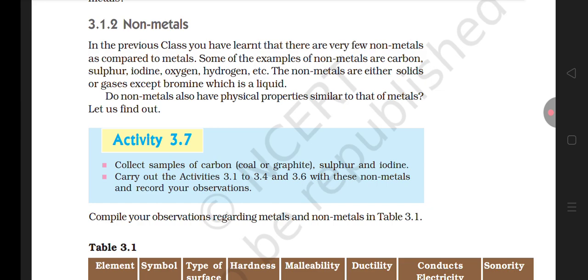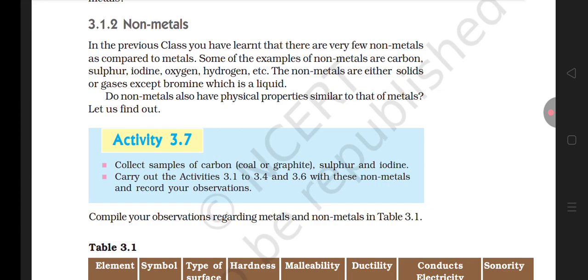Some examples of non-metals are carbon, sulfur, iodine, oxygen, hydrogen, etc. The non-metals are either solid or gas, except bromine, which is liquid. So all the non-metals are solid or gaseous, but bromine is the only non-metal which is liquid at room temperature. Similarly, in the metal case, there is only one metal, mercury, which is liquid at room temperature.